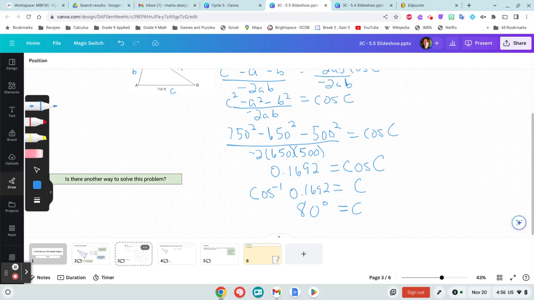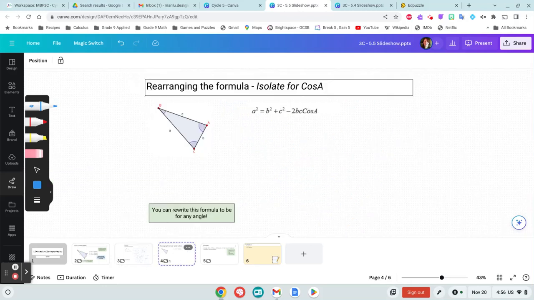On your sheet where it says method 2, make a new formula, I'm going to give you 3 versions of this formula. The 3 formulas: cosine of C is A squared plus B squared minus C squared all over 2AB.